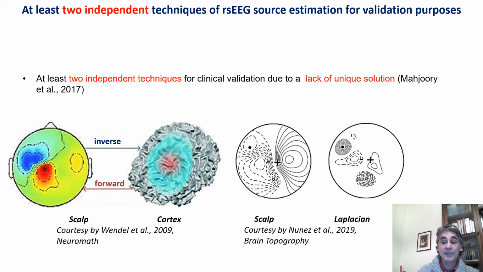However, they cannot be considered as estimations of the cortical sources of EEG activity in the same manner as the toolboxes solving the inverse solution of EEG.